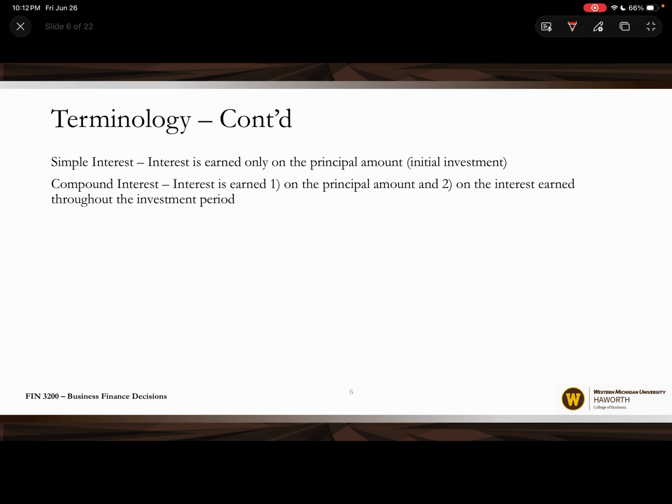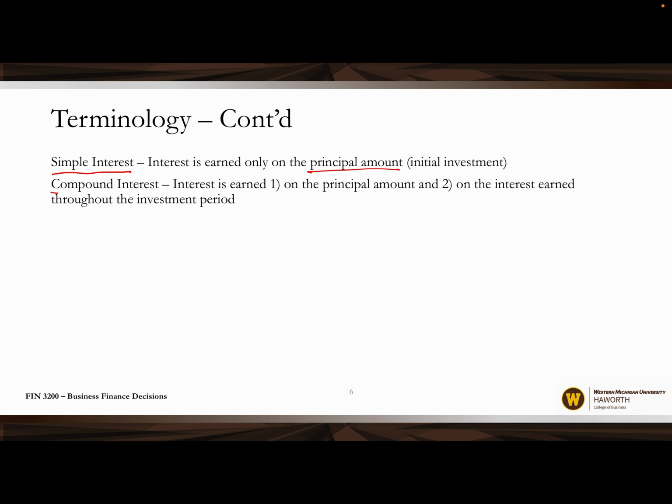So, you probably know this. Usually students know the difference between simple interest and compound interest, so we're going to go through this quickly. Under a simple interest scheme, interest is earned only on the principal amount, or the initial investment.